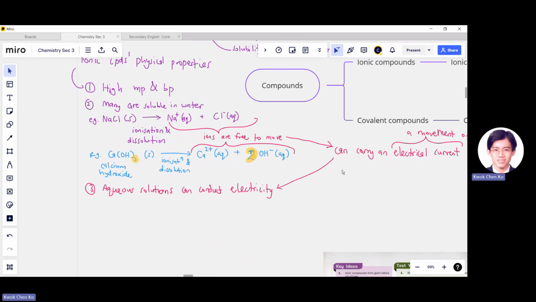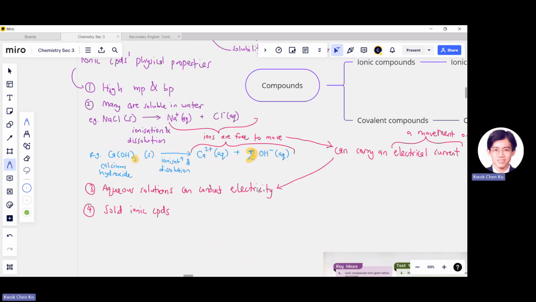Questions, please ask. What if it's a solid in its pure form? Solid ionic compounds. Can they conduct electricity, Sabrina? Do you try using salt to conduct electricity? Solid salt. Cannot.